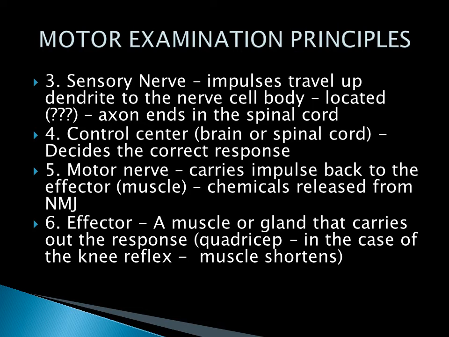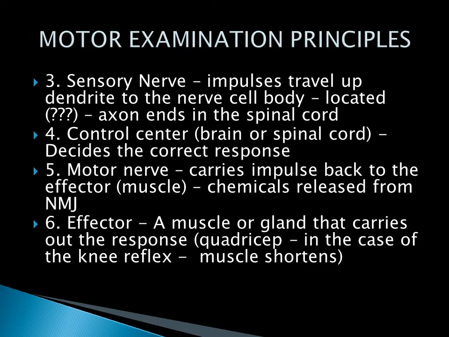Once at the neuromuscular junction, this nerve impulse causes the release of chemicals from the neuromuscular junction, which then initiates a series of events in the muscle known as excitation-contraction coupling, which ends up causing the effector, which in this case is the quadriceps, to carry out the response. It might also be the gastrocnemius, might also be the adductor muscles, but in this case the effector is the quadriceps.